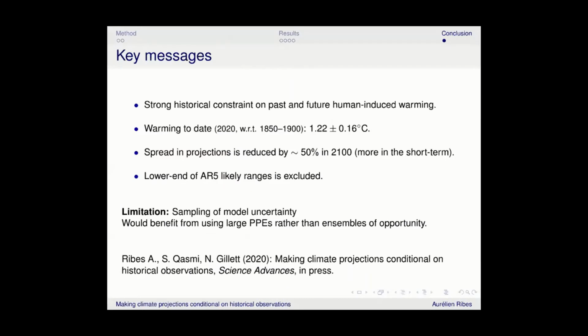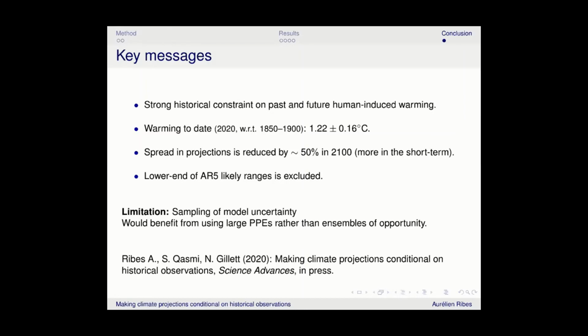So I give a few key messages here on key results, in particular the fact that the spread in the late 21st century is pretty much reduced, and also the fact that the lower end of the AR5 likely range is excluded. But I would like to stress one limitation of this technique, which has been discussed again in this session: the sampling of model uncertainty is still very limited, because we are using 22 CMIP6 models.